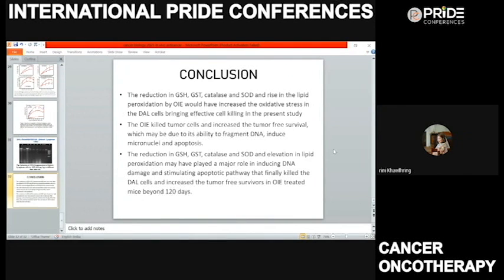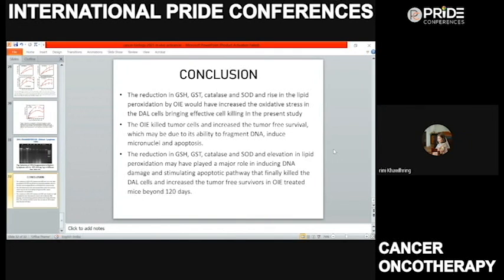And in conclusion, the reduction in GSH, GST, catalase, and SOD, and rise in lipid peroxidation by Oroxylum indicum extract would have increased the oxidative stress in the Dalton's lymphoma cells, bringing effective cell killing in the present study. The Oroxylum indicum extract killed tumor cells and increased the tumor-free survival, which may be due to its ability to fragment DNA, induce micronuclei, and apoptosis.